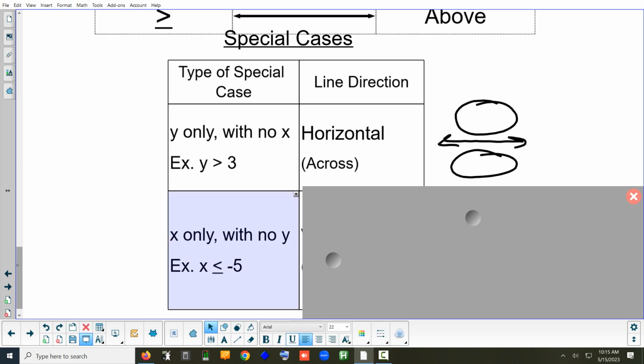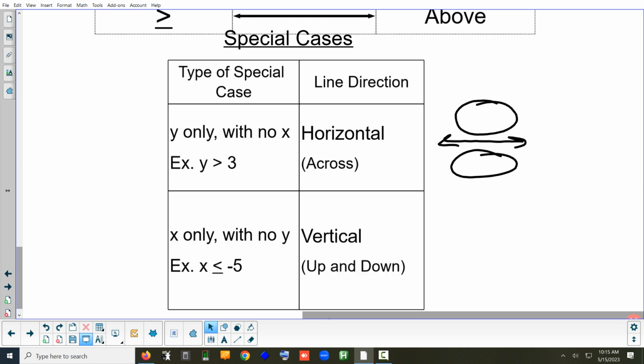But we've got to talk about this second one. What if you had an X with no Y? Like this one. What kind of line would that be? Just an X with no Y. Yep. That's vertical. Now, when you draw a vertical line, there really is no such thing as above and below.